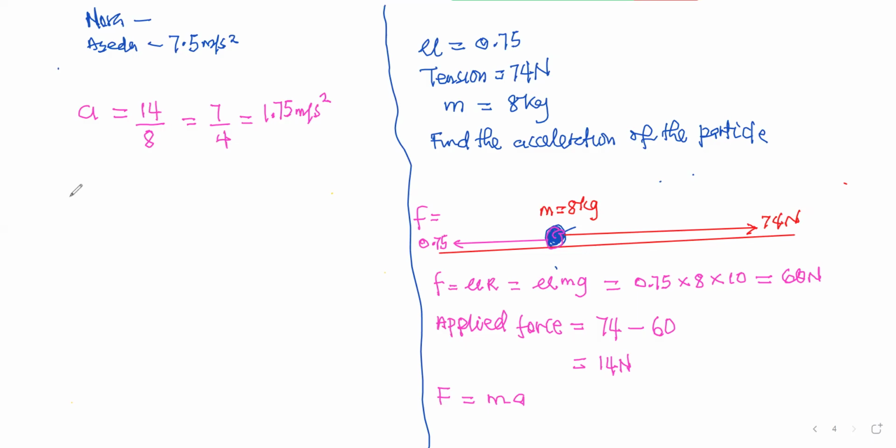Don't forget, we are told the body accelerates. So once it accelerates, there should be a certain external or applied force. If it is moving at a constant velocity, the right-hand force would have been equal to the left-hand force. So please note the principles governing it.